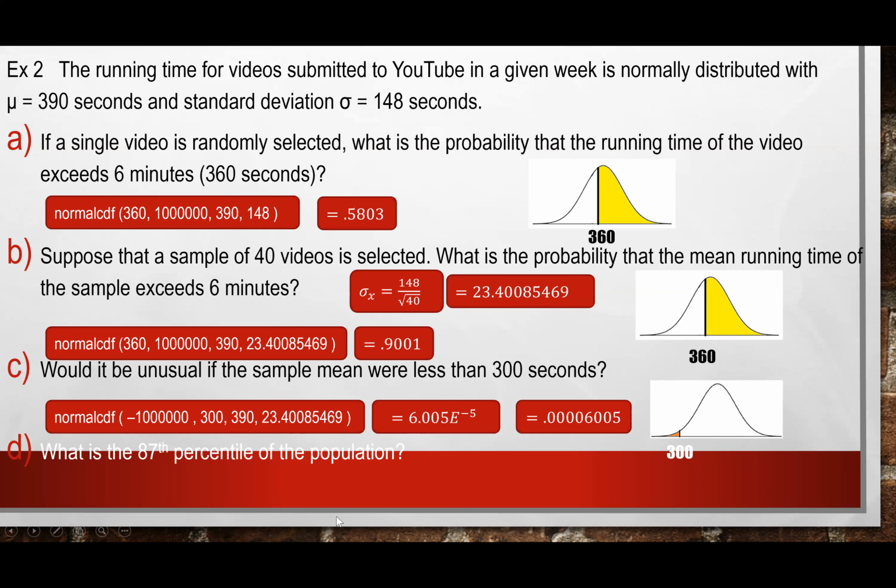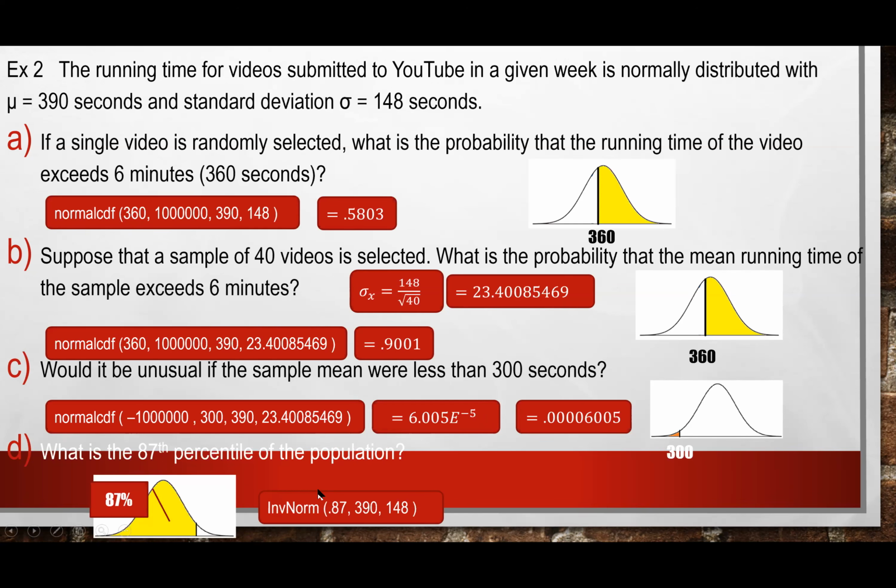Okay, and now go back to D, because I purposely told you that we are dealing with the population here, and if we deal with the population, we have to use the population standard deviation. In this case, we do the inverse norm with 0.87, which is the percentage to the left. 390 is your mean, and 148 is your standard deviation.